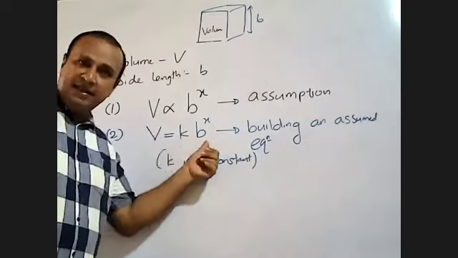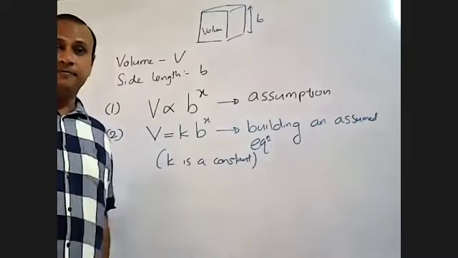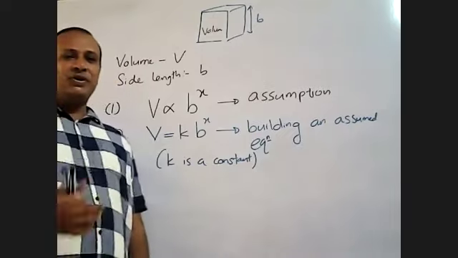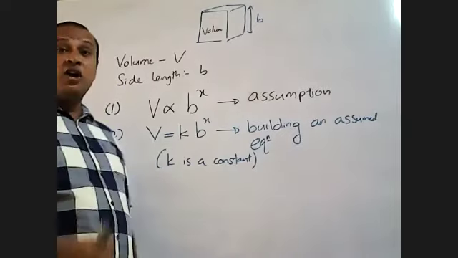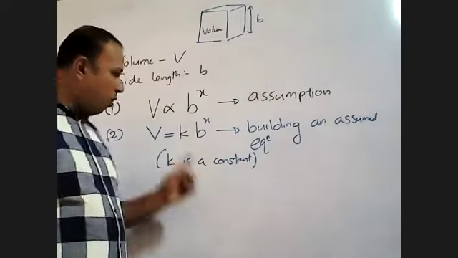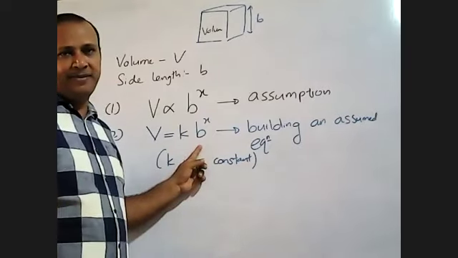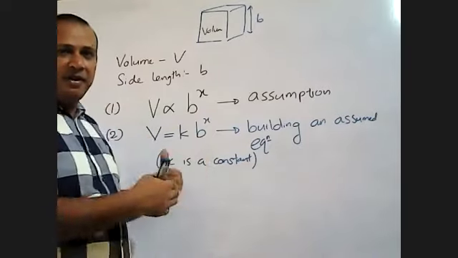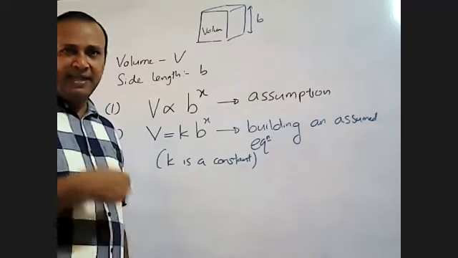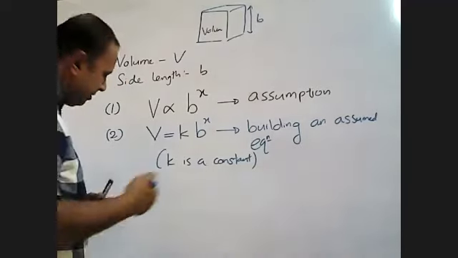So the next step is finding the value of X. To find it, all the things should be given or known. Otherwise, this method cannot be used. That is a limitation of this method.